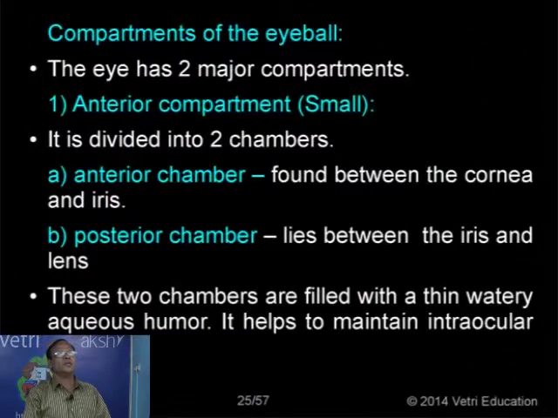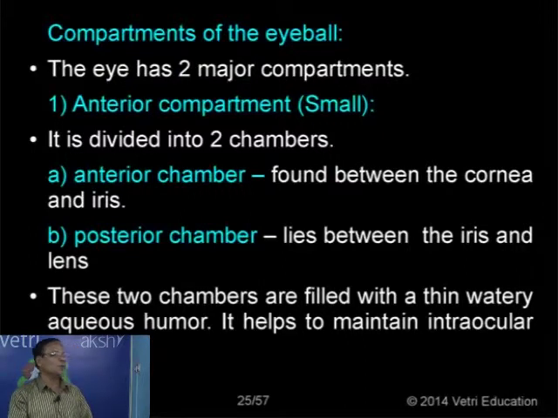The eyeball has two compartments: an anterior compartment and a posterior compartment. The anterior compartment is small in size and the posterior compartment is larger. The anterior compartment is divided into two chambers: the anterior chamber, present between the cornea and iris, and the posterior chamber, which lies between the iris and the lens.